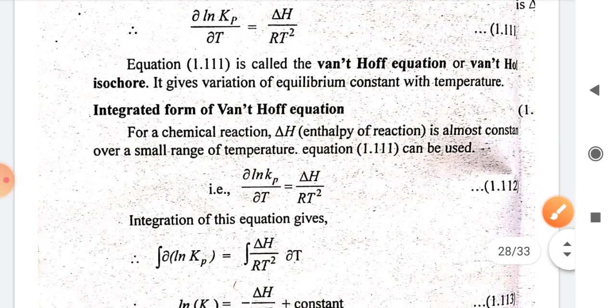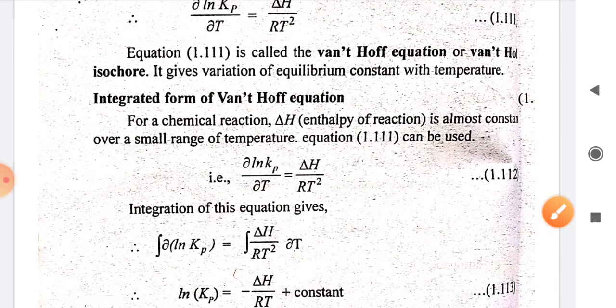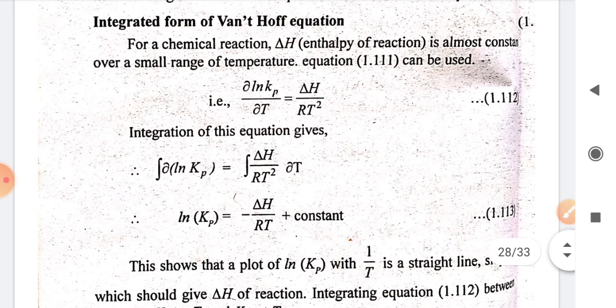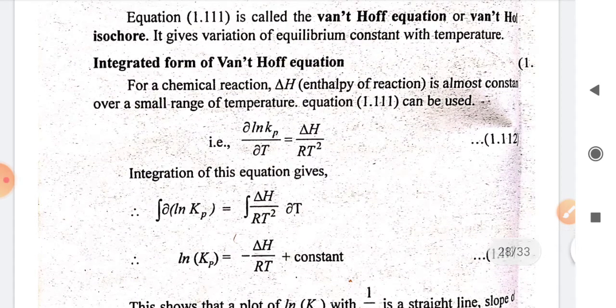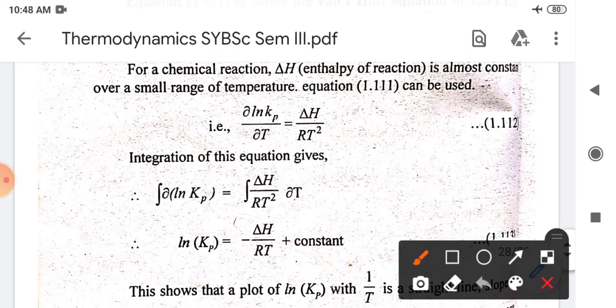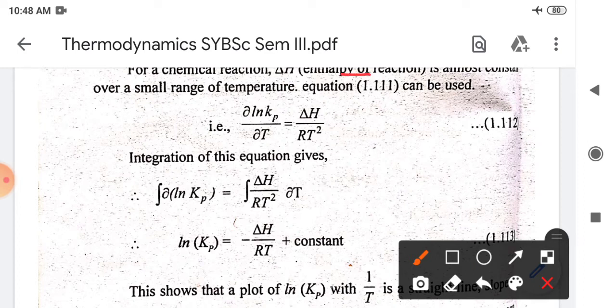Now we have to derive the integrated form of this Van 't Hoff equation. For a chemical reaction, the change in enthalpy is almost constant over a small range of temperature. So the equation is d/dT of ln Kp = ΔH upon RT².